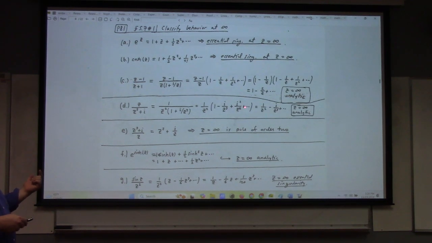Like this one here, I got 1 plus reciprocal terms. So this is actually analytic at infinity because it's got no polynomial piece. This one here, again, is analytic at infinity. This one, since it's got a quadratic term, that makes it a pole of order 2 at infinity. Now, we could run all this stuff through that reciprocal function theorem, the definition, right?